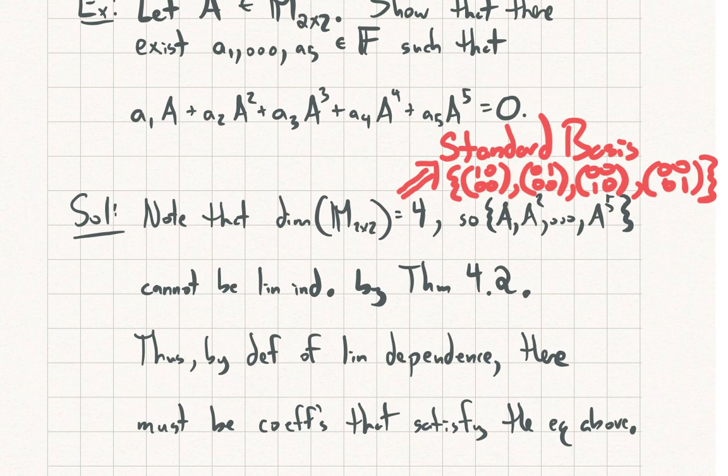So there must be coefficients, at least one not equal to 0, that satisfy the equation above. So that's pretty great. Thinking in terms of linear algebra, we don't have to get into the weeds of what these matrices are as powers. We just know that there has to be some scalars here that make this equal to 0.